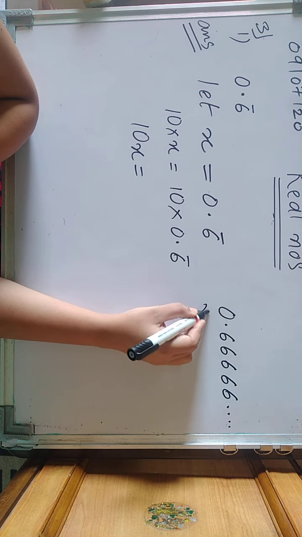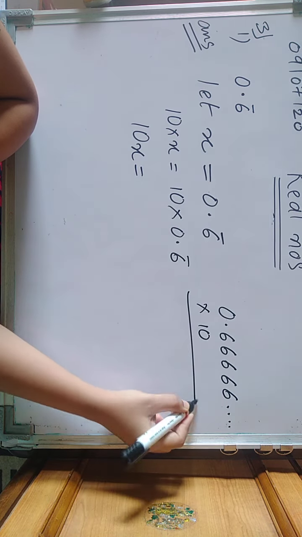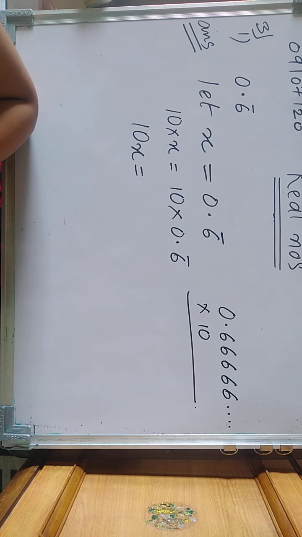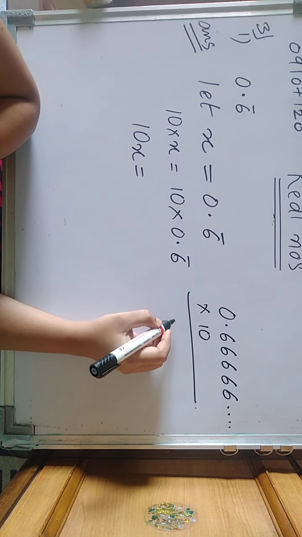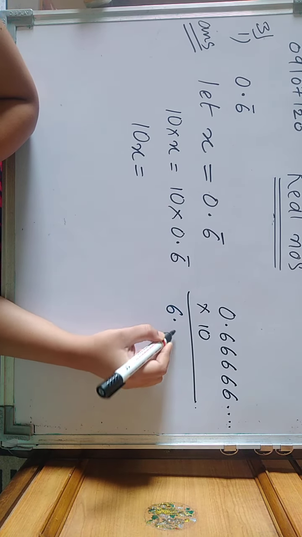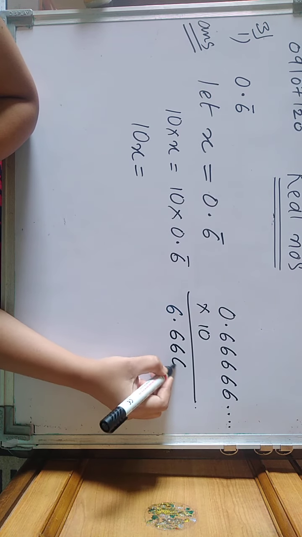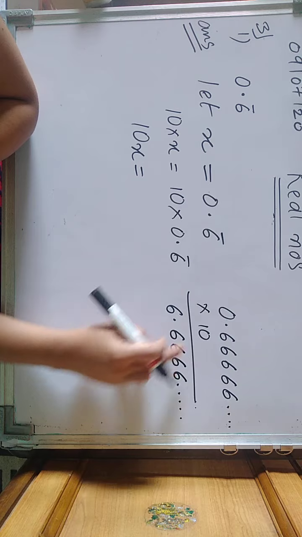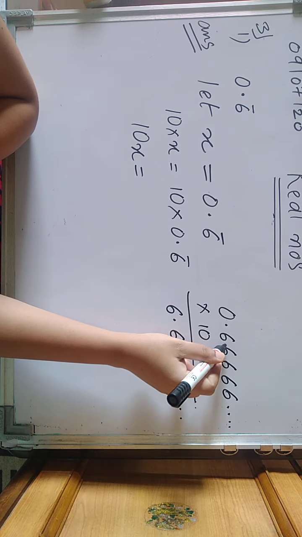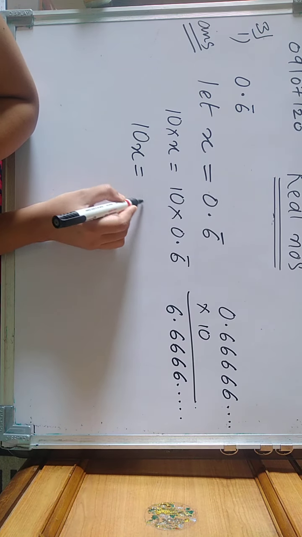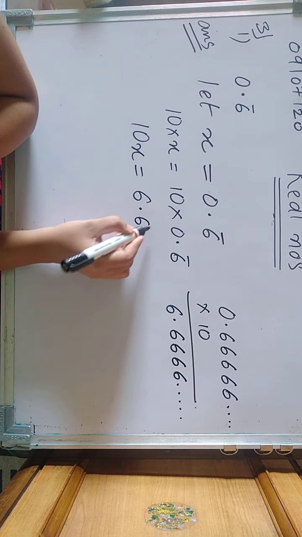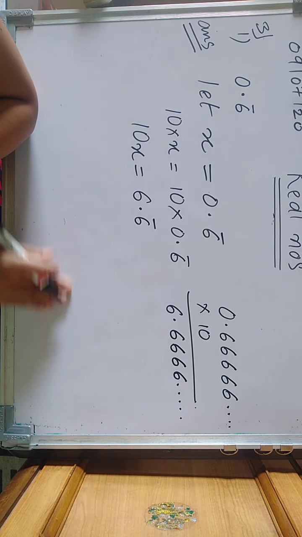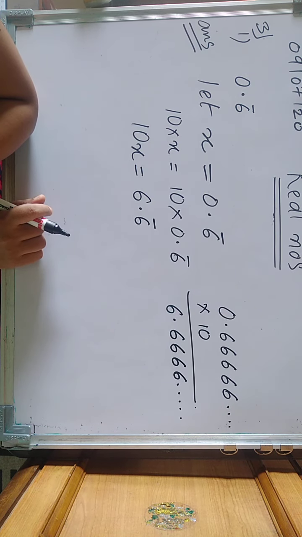So when you multiply this number by 10, the decimal will jump towards right, and the answer will be 6.6666 and so on. So this will be the new number. The decimal will jump and come over here. Okay, so the new number will be 6.6 recurring after multiplying by 10.